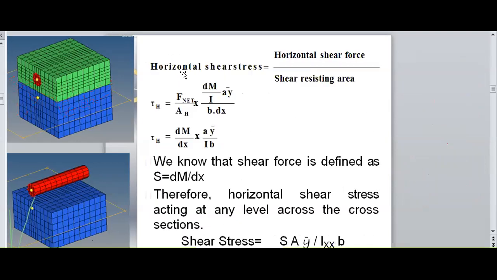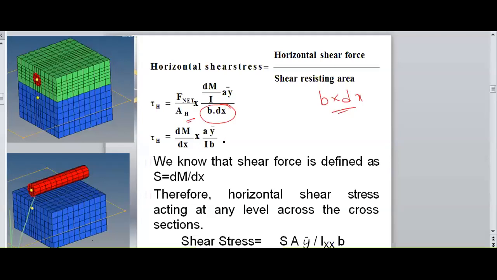Now horizontal shear stress is equal to horizontal shear force by shear resisting area. Shear resisting area here, as we have discussed, is B into dx.